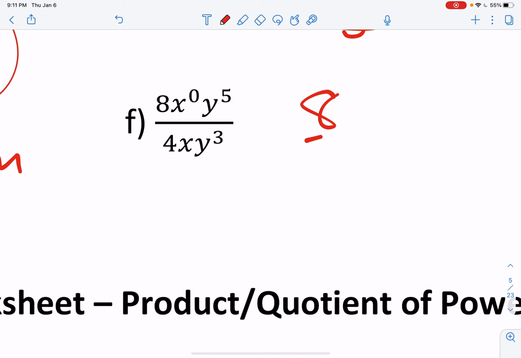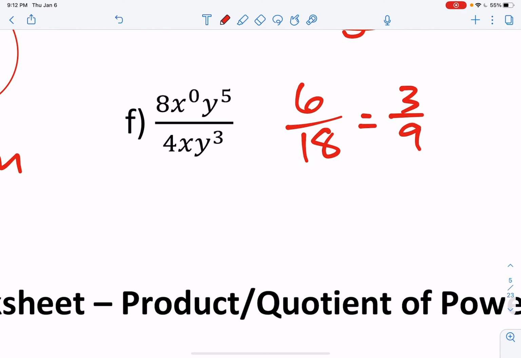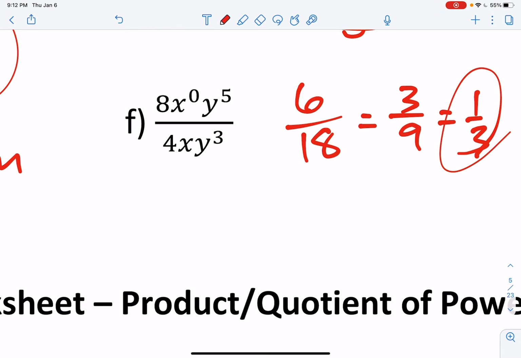This one, what does 8 over 4 simplify to? If I just asked you to reduce 8 over 4, you would say, oh, that's 2 over 1, or just 2. Or let's say it was 6 over 18, or 3 over 9, which is 1 over 3. Always reduce as much as possible.